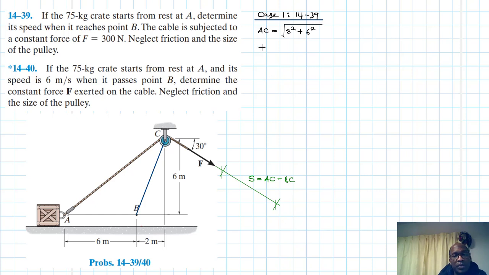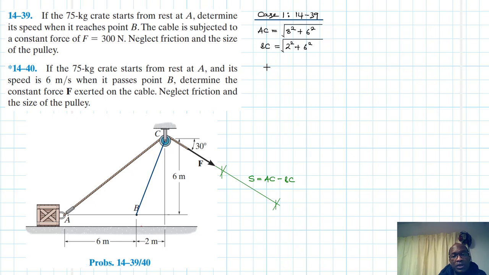And then we have BC. BC is equal to the square root of 2 squared plus 6 squared. Great, there we go. So we already have s.